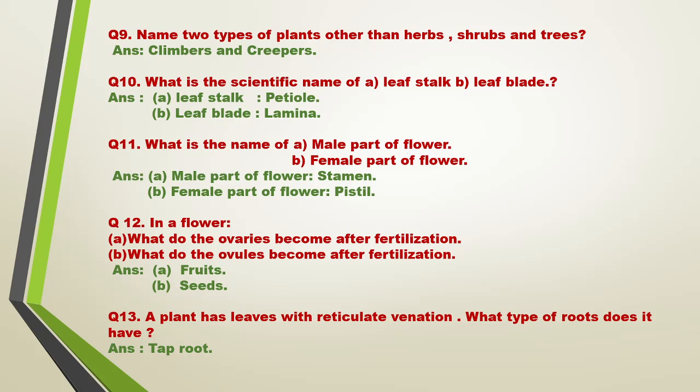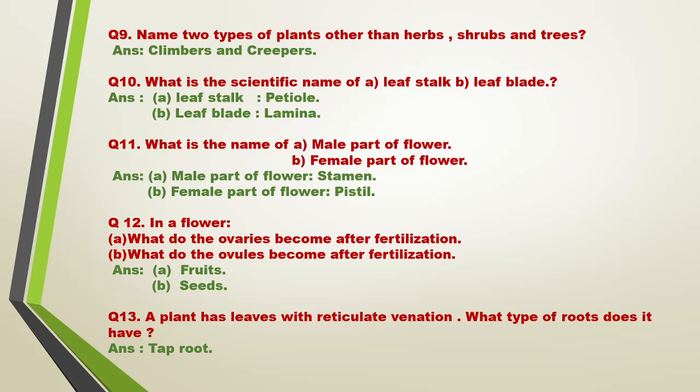What is the name of the male part of the flower and the female part of the flower? The male part of the flower is called the stamen, and the female part of the flower is called the pistil. In a flower, what do the ovaries become after fertilization? And what do the ovules become after fertilization?